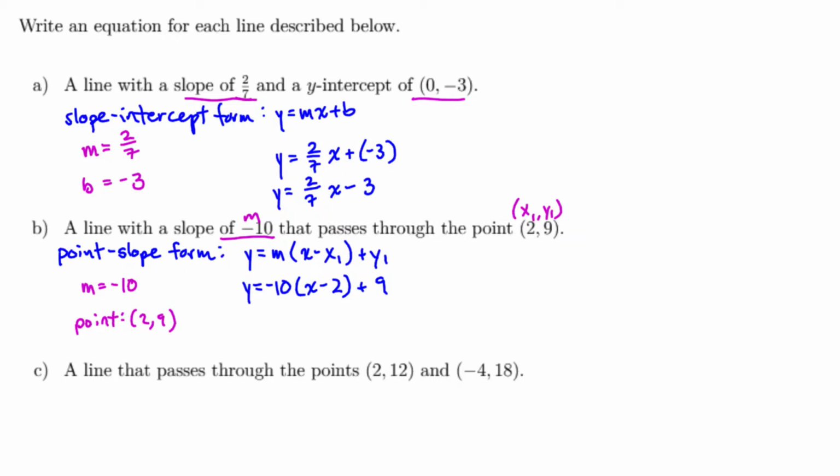To do that, we'll distribute this -10 across that expression x - 2, and that will give us y = -10x + 20, and then we still have + 9, and our final step of simplification would be y = -10x + 29. And again, that's the simplified form.